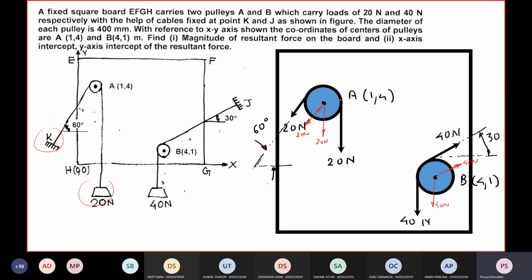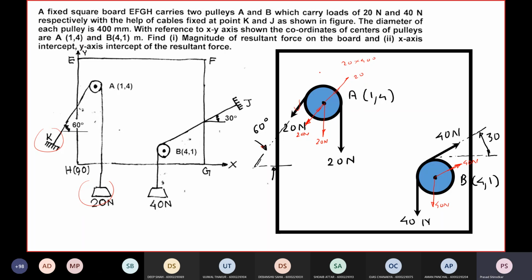Okay, see, I don't know whether you followed how I did this. See, this is 20 Newton force at 60 degrees. So this is resolution of force into force and couple, right? So I will write 20 Newton in this way, okay? The diameter will be say 400. So this pair will create a couple. That magnitude will be 20 into 400. In which direction? Counterclockwise direction.